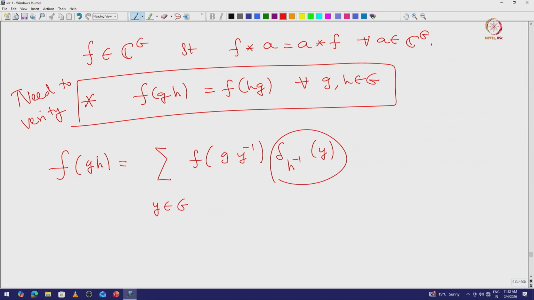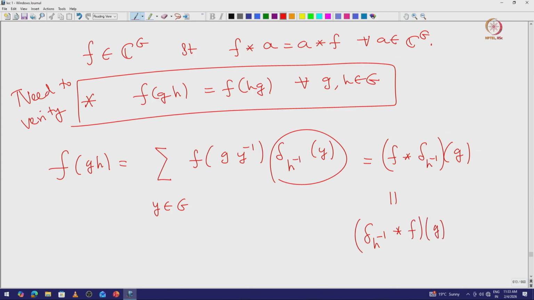So, f(g h) can be written as f star delta_{h inverse} at g. But since f commutes with all elements of CG, f star delta_{h inverse} can be replaced by delta_{h inverse} star f at g.